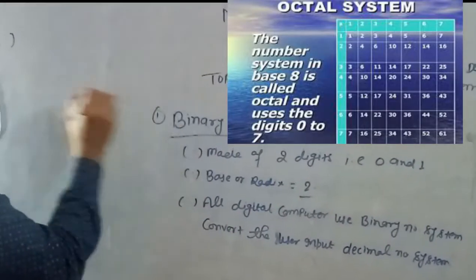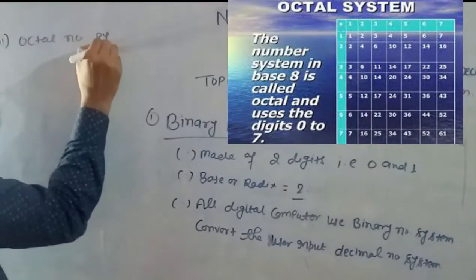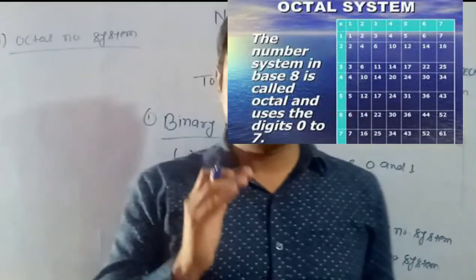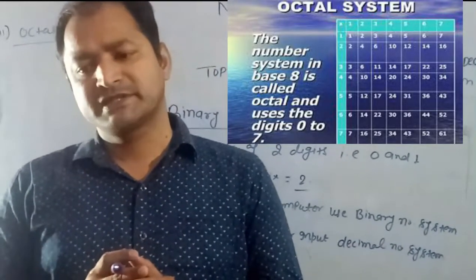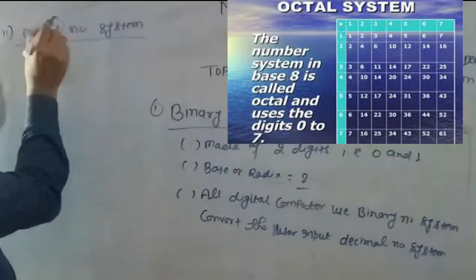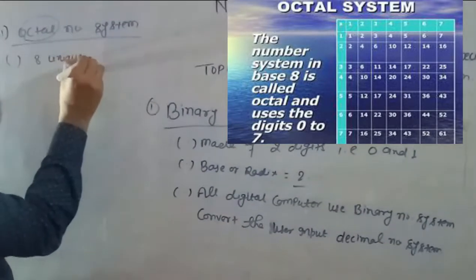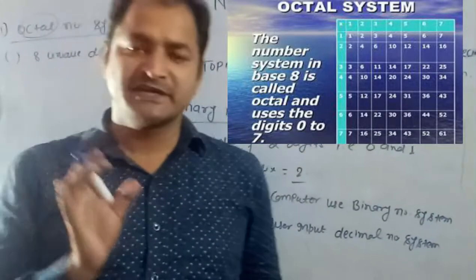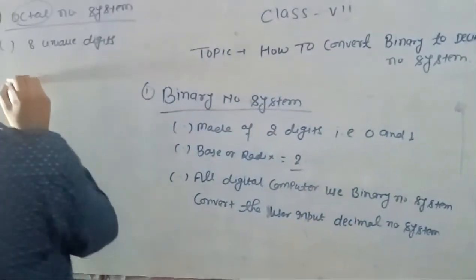The second point, octal number system. Every student remembers from previous classes, the octal number system has 8 unique digits, 0 to 7.